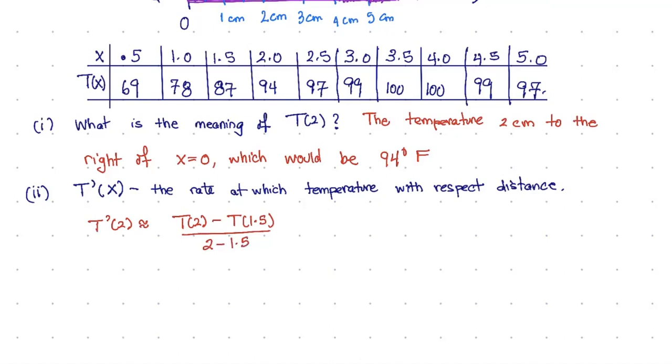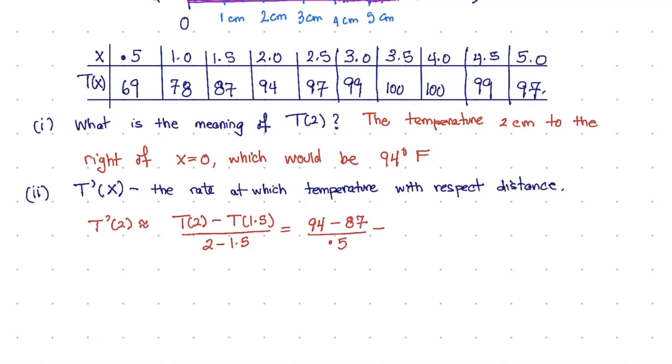That would be one way that we could estimate how quickly the temperature is changing with respect to distance around 2. We would find by looking at the table that T of 2 is 94 degrees, T of 1.5 is 87 degrees, and 2 minus 1.5 gives us 0.5.